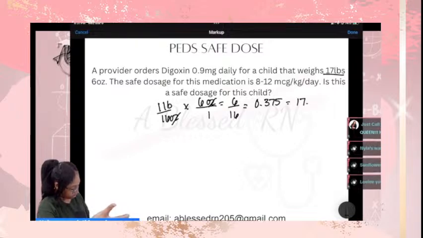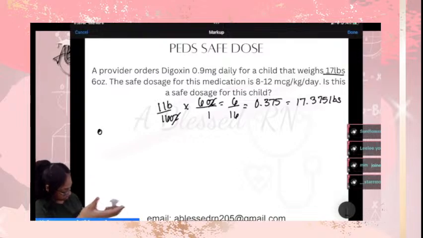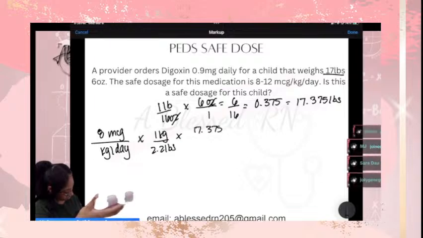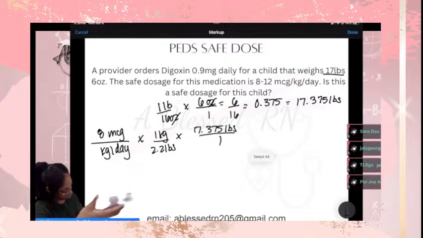Our new weight will be 17.375 pounds. We'll do it the same way that we did it before: 8 micrograms per kg per day, and then we have 1 kg over 2.2 pounds, and then our 17.375 pounds over 1.